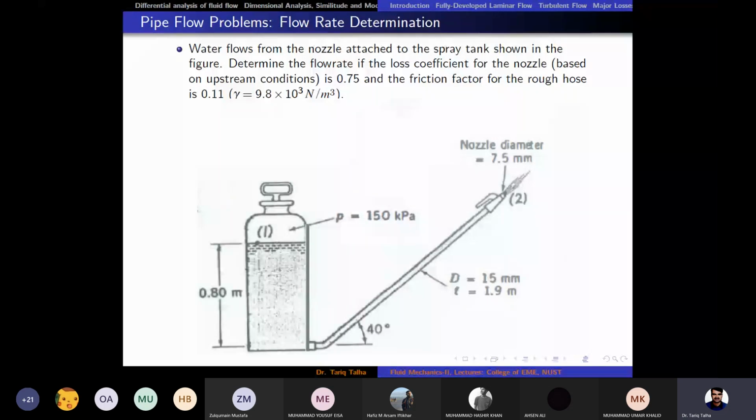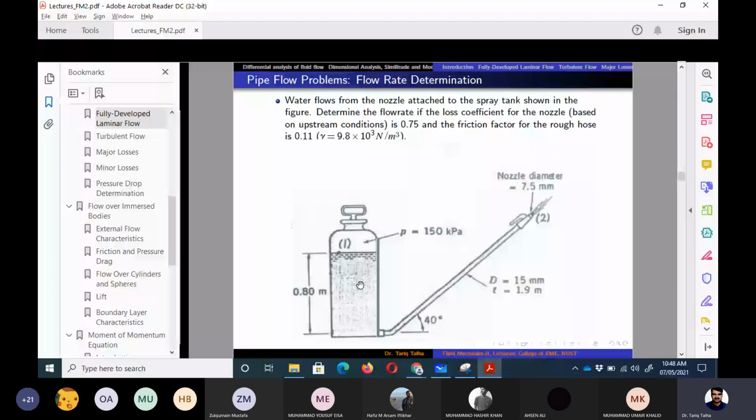Determine the flow rate if the loss coefficient for the nozzle is based on upstream condition. So the upstream condition means the velocity in this pipe is 0.75, downstream condition is 2, which is this. And the friction factor for the rough hose is 0.11, and gamma value is also given. Because it is quite a small problem, it wouldn't take more than maybe 5 minutes. So let's do it quickly.